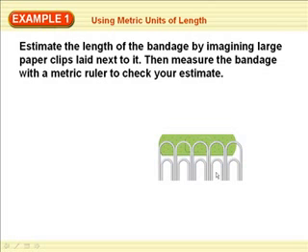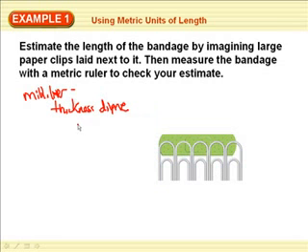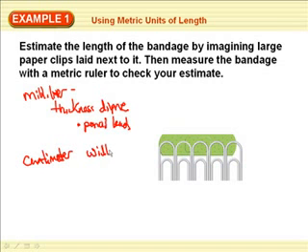I probably could have done that on the one before. Before we get to example 3, benchmarks. A millimeter is about the thickness, the book says, of a dime. And I like to use about the size of a pencil lead. A centimeter, I use the width of your little finger.